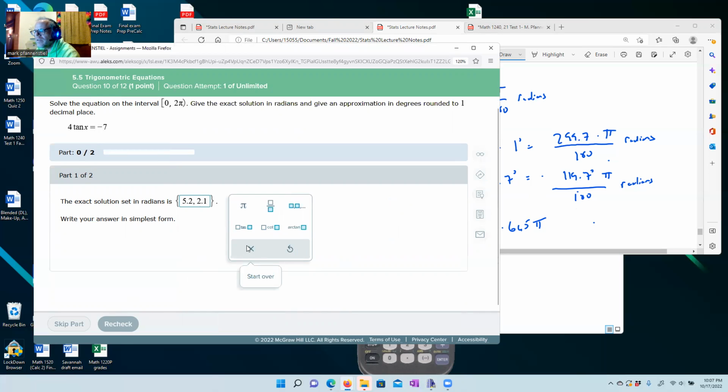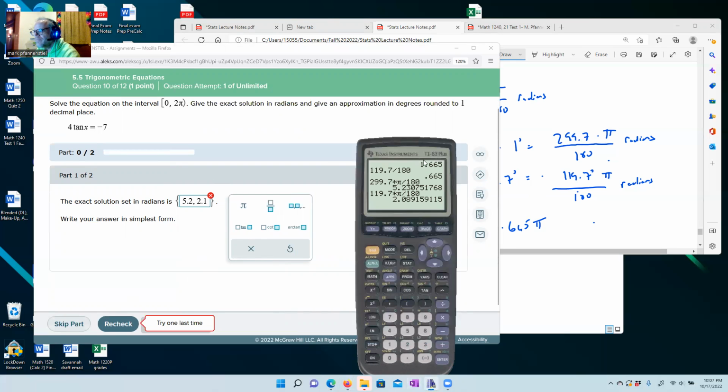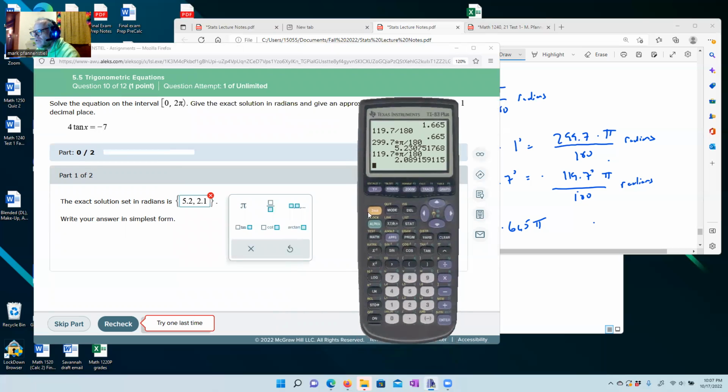Check this. Still didn't like it. Let's try a different way. Tangent of what? Negative 7/4.